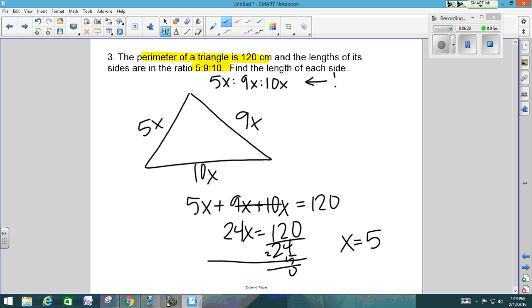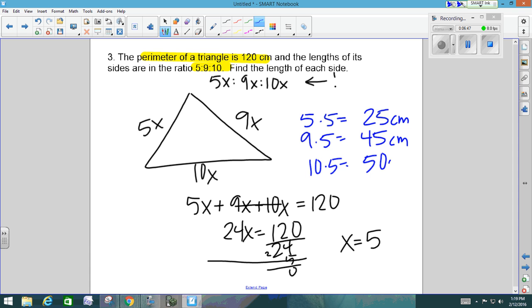Yeah. x equals 5. To find the length of each side, I need to substitute that in. So 5 times 5 is 25. 9 times 5, 45. 10 times 5, 50. And these values should add up to 120. And they do, so we're good.